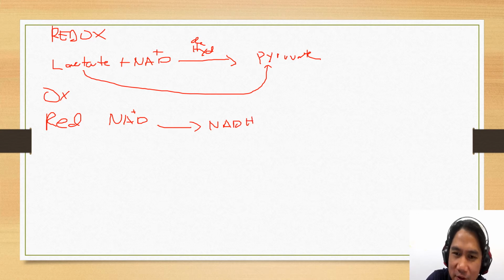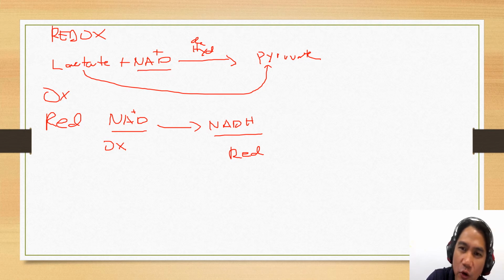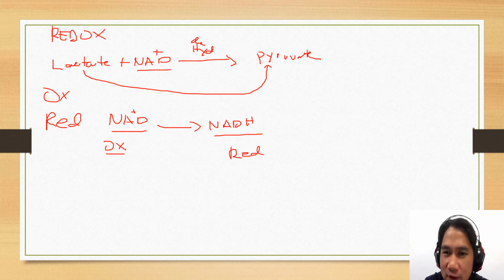As I said earlier, the NAD plus is in the oxidized form and the NADH is in the reduced form. What is the role of the NAD plus? It serves as an oxidizing agent because it's in the oxidized form. You cannot function as an oxidizing agent if you are not in the oxidized form.